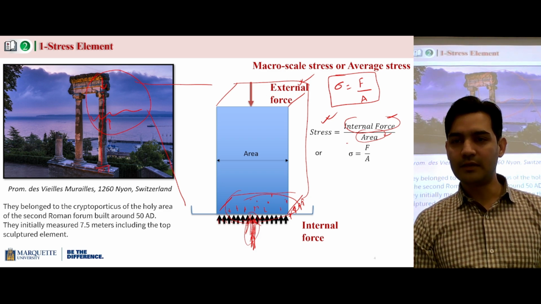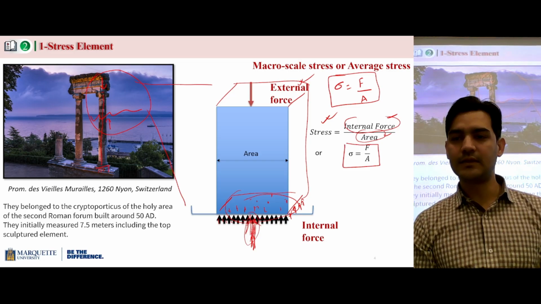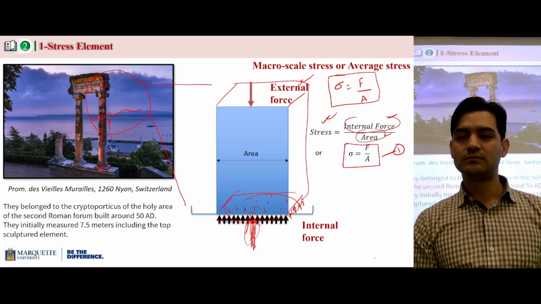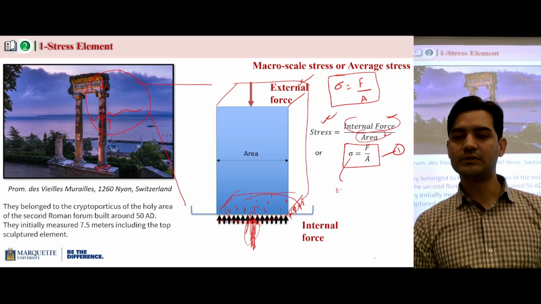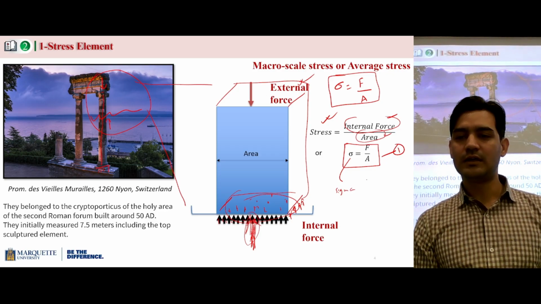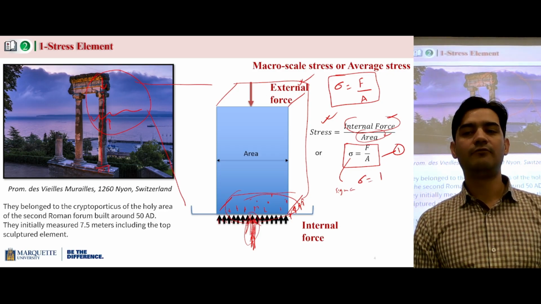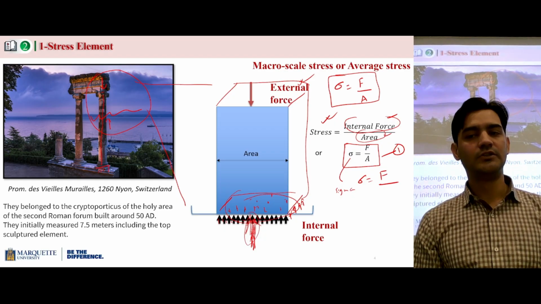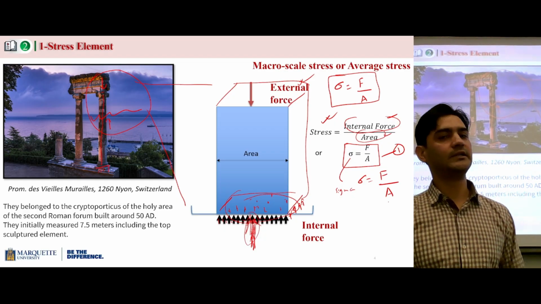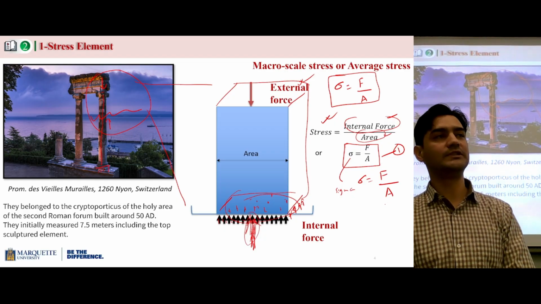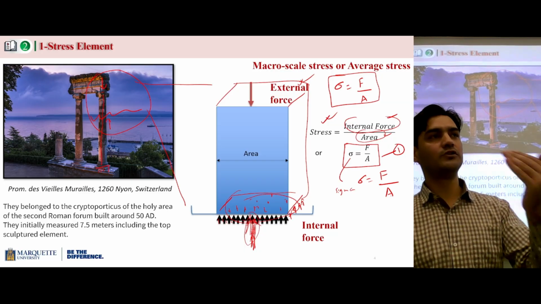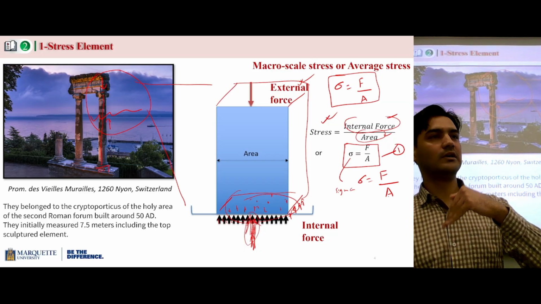It can be numerically represented by this equation. This is called sigma, and stress is whenever you have a force, you divide by the cross-sectional area where the force is acting, and force per unit area is called stress.